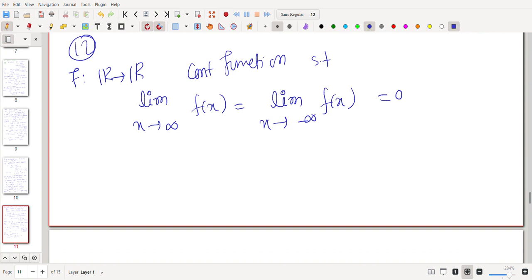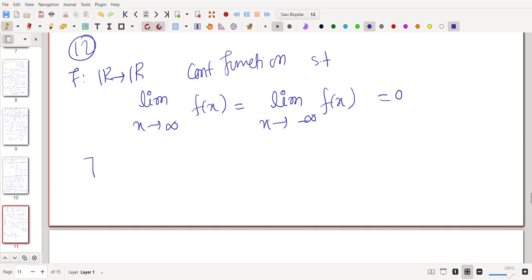Then we need to show that f is bounded on R and f attains a maximum or a minimum. I just give a partial solution, and you can comment the other part. It's easy, but you can visualize its graph so that you can understand what is going on.